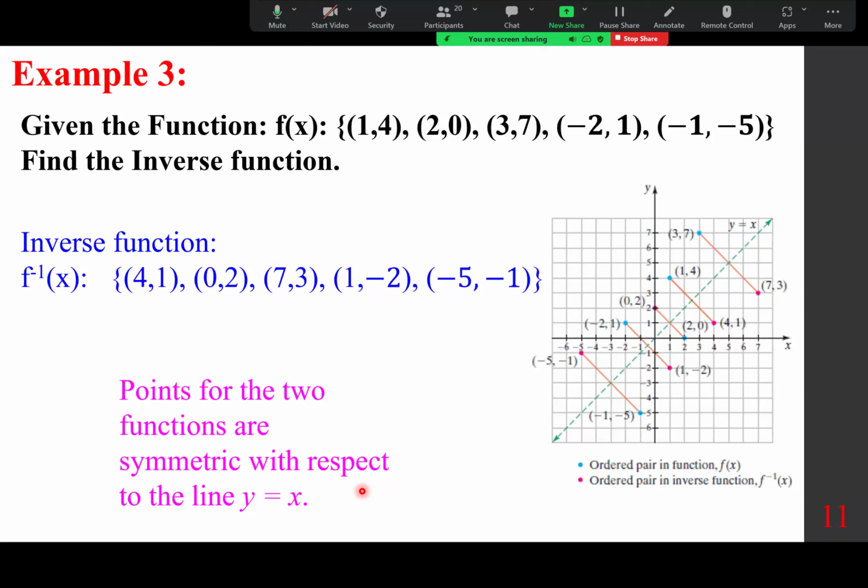So (3, 7) and (7, 3), by the nature of (x, y) and (y, x), are symmetric with respect to the line y equals x, and the rest of them, (0, 2), (2, 0), (1, 4), (4, 1), and so forth.